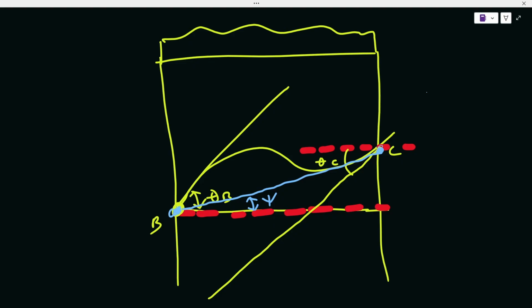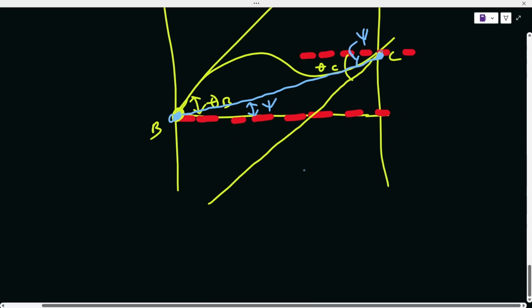So similarly for this, our chord rotation, phi, is the same, it's the same phi. So, get the gist.